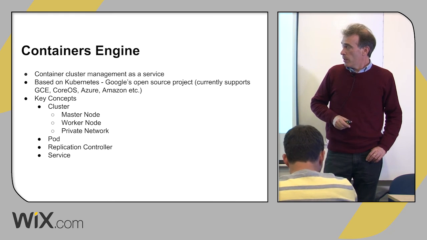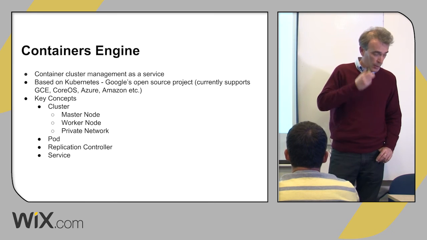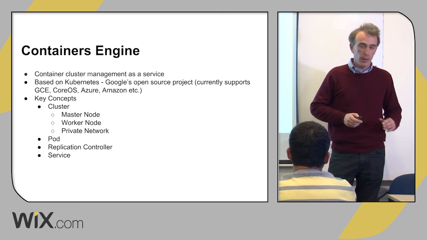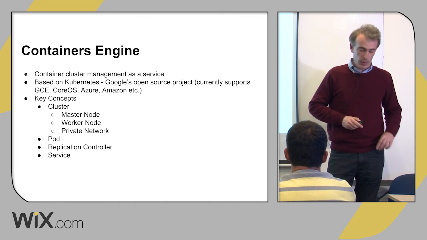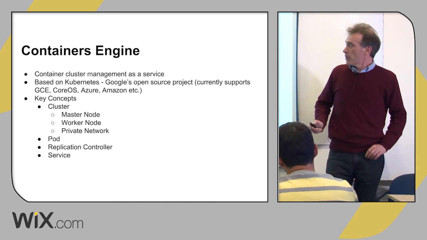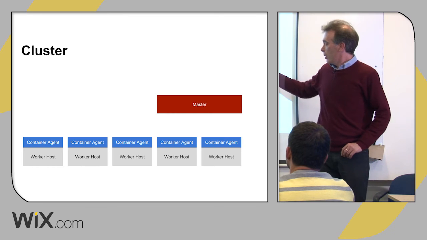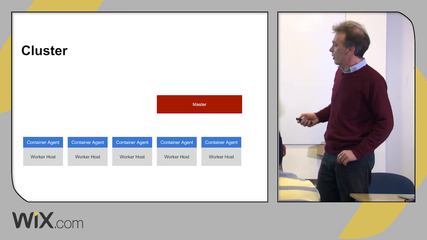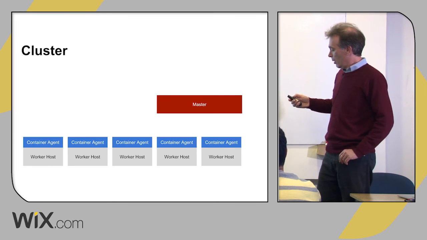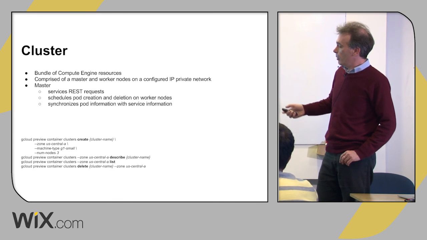How it works: I already mentioned that it's managed by Kubernetes, an open source project. In order to use the system, you have to create a cluster. A cluster includes nodes: a master node and worker nodes. How do you create it?